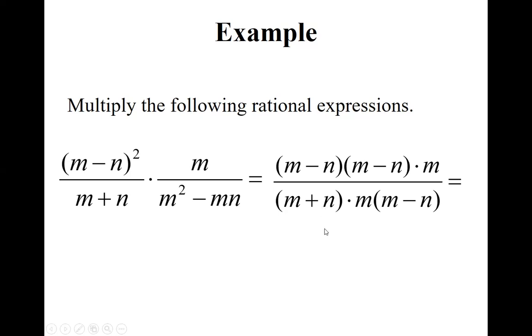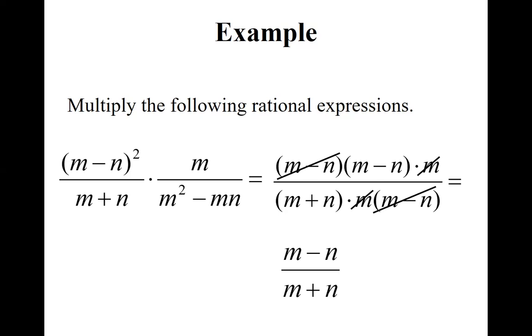It looks like we can cancel an m minus n, and we can cancel an m. That leaves us with m minus n over m plus n. So factor everything and multiply across the top, multiply across the bottom, then cancel common factors. What we're left with is the answer.